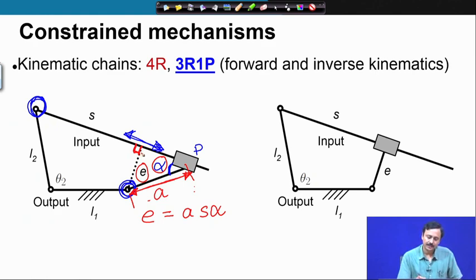Now, this offset is a parameter of the chain and is fixed. A is also fixed, alpha is also fixed, so E is also fixed.